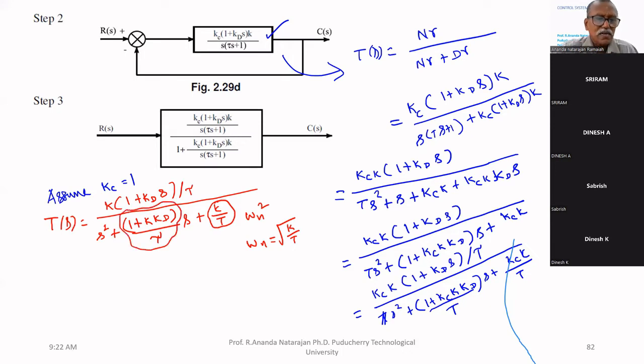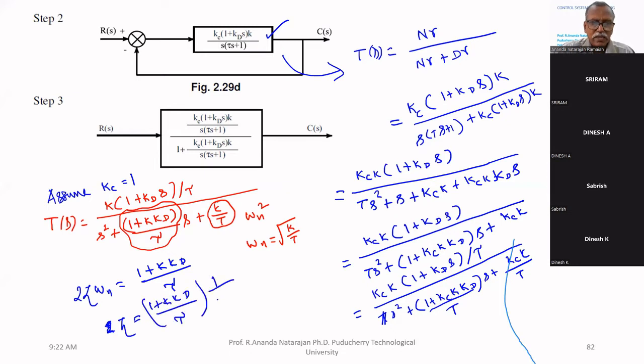If you see, 2 zeta omega n equal to 1 plus KD upon tau, or zeta equals (1 plus KD upon tau) times 1 by 2 omega n.